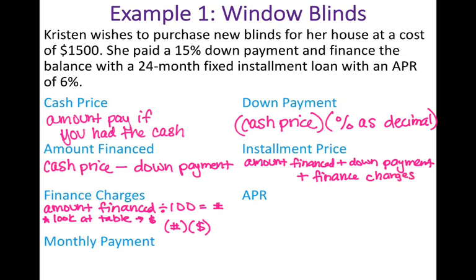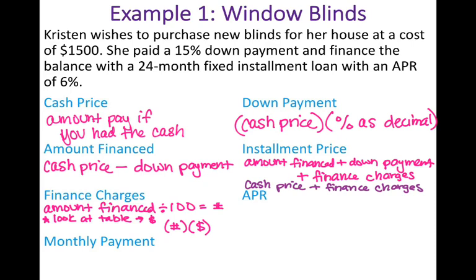And like I said, another way to think of installment price, that is going to be the cash price plus your finance charges. And the reason why that also works is because the amount financed and the down payment, those two together, create the cash price.